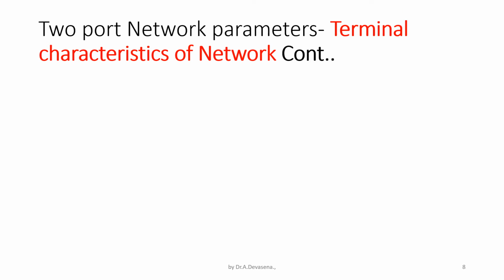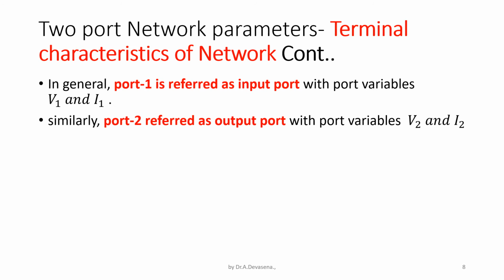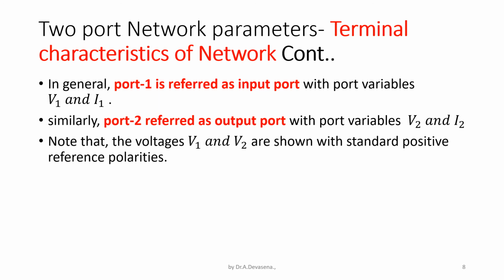In general, port 1 is referred to as the input port with port variables V1 and I1. Similarly, port 2 is referred to as the output port with port variables V2 and I2.